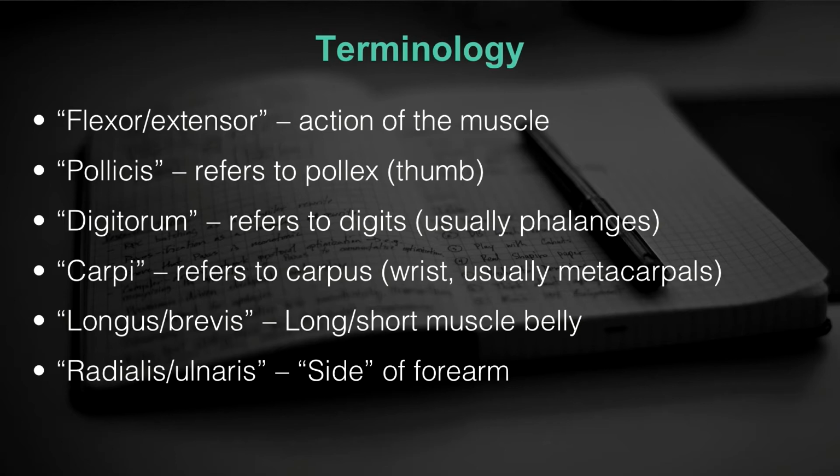The radial or lateral side, the ulnar or medial side. There are some examples that, never mind, we'll leave it at that. The side of the arm. It will be more clear as we go through examples.